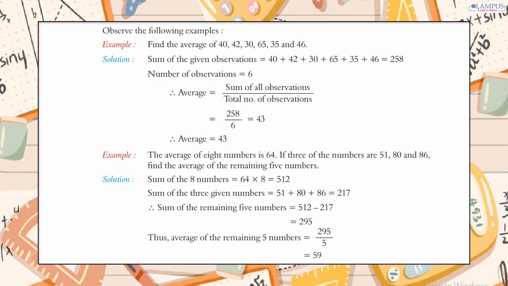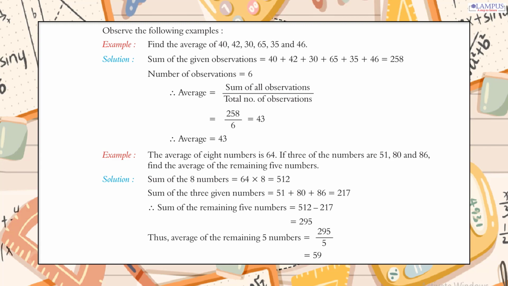Observe the following examples. Example: find the average of 40, 42, 30, 65, 35 and 46. Solution: sum of the given observations equals 40 plus 42 plus 30 plus 65 plus 35 plus 46 equals 258.